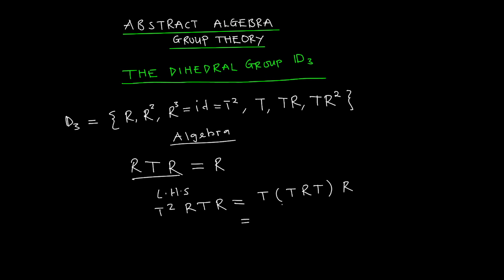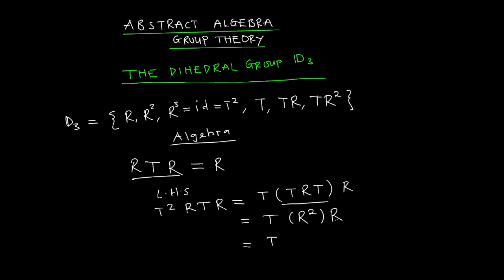Remember, earlier on today we did t composed with r composed with t, and what was the result? Can you remember? T composed with r composed with t, the result is r squared. So you have t composed with r squared composed with r. But earlier on again, we did r squared composed with r, isn't it?